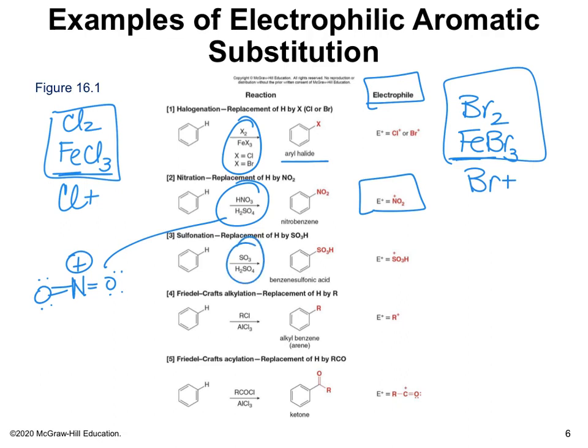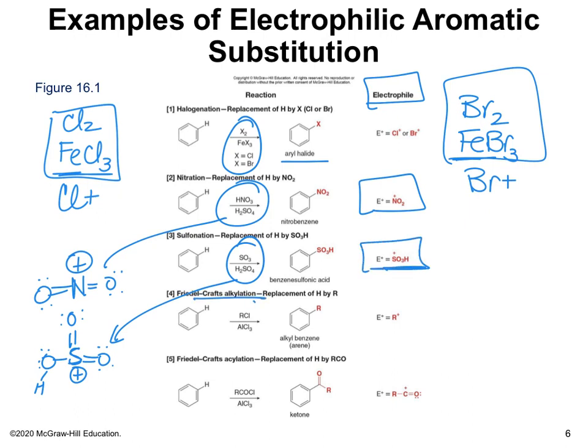When you have fuming sulfuric acid, which is sulfur trioxide added to sulfuric acid, you get SO3 and the plus on the sulfur, so that's your electrophile.